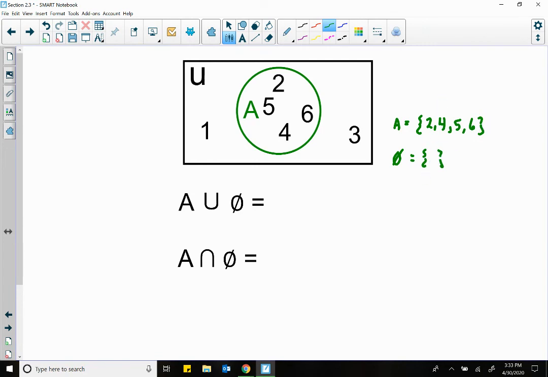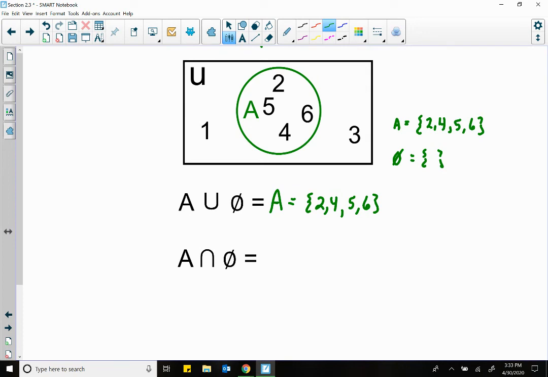It's like you're adding 0. So if I take A union the empty set, I just get my set A back out. All I'm doing is keeping the same numbers, 2, 4, 5, and 6, because there's nothing in the empty set to union with.